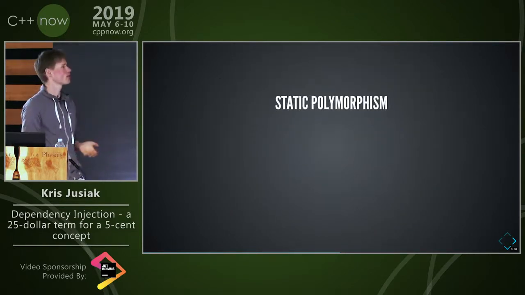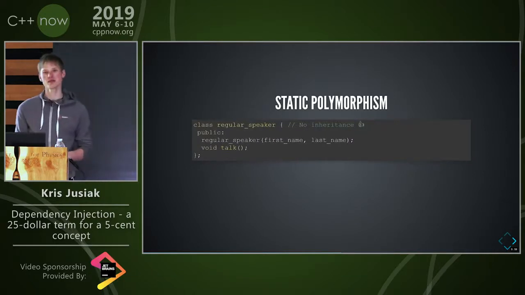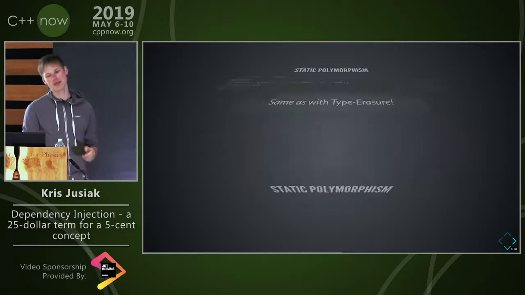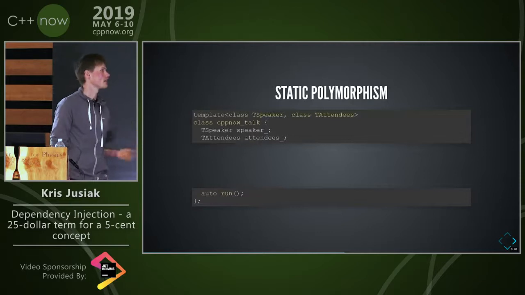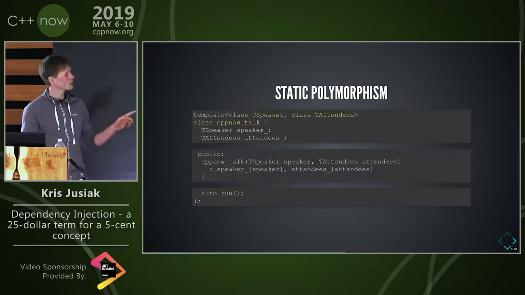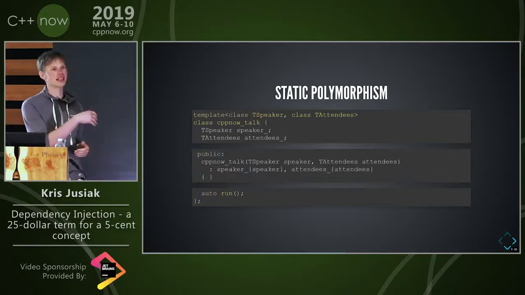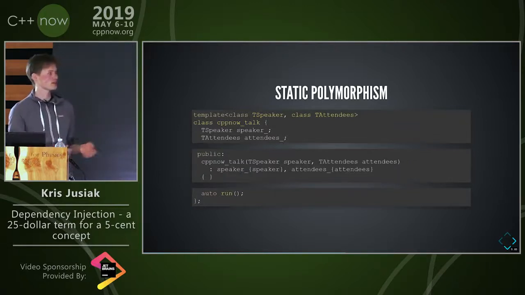But we can follow, for example, static polymorphism and just templates. We still have the speaker, not inheriting from anything. It's the same as before. Nothing new. And then we just have the templates. But the important part is that we still have the constructor. So in the policy design, we would inherit from these guys and call private functions or whatever.